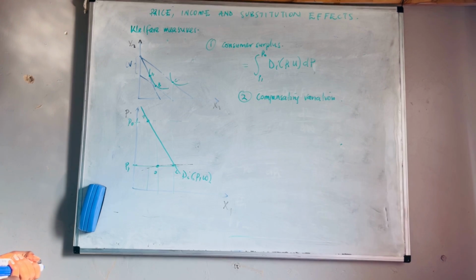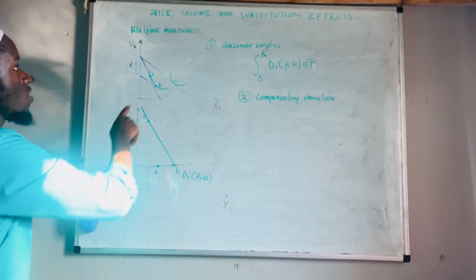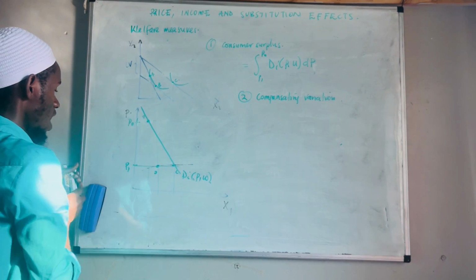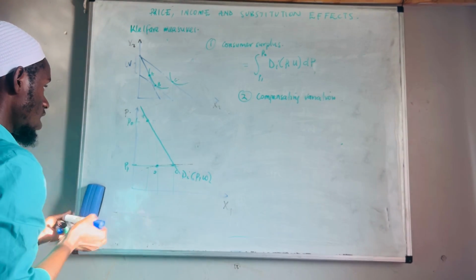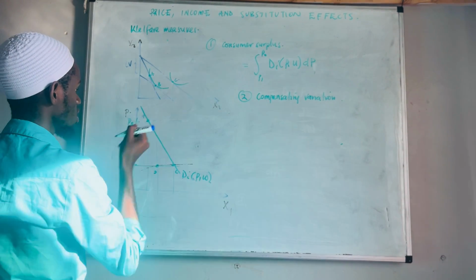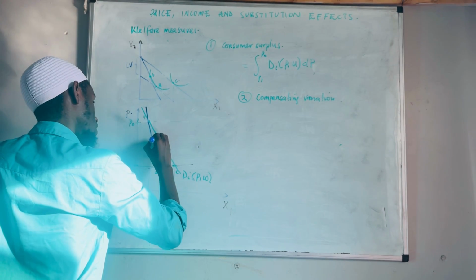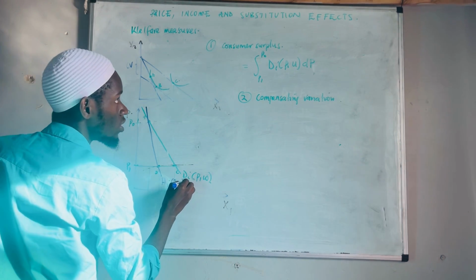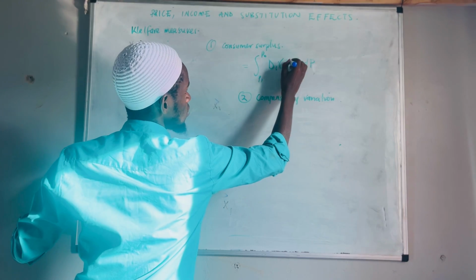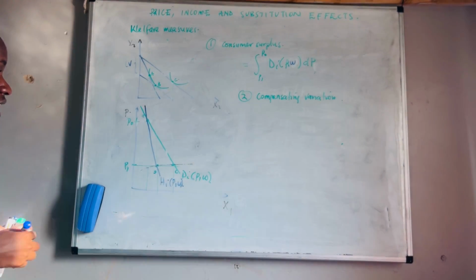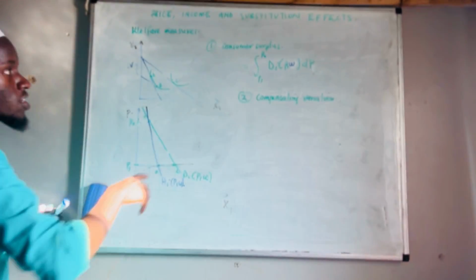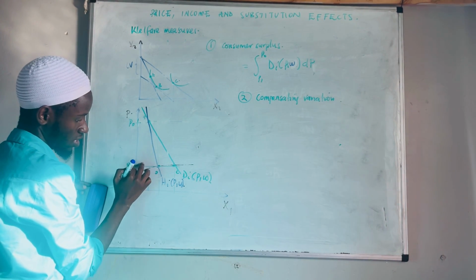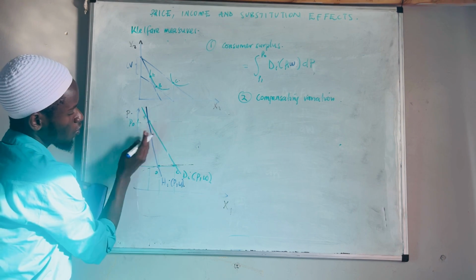Now, how do you measure the compensating variation? Since we are on the same indifference curve, we measure it using the Hicksian demand curve. From point A, I go to point C on our Hicksian demand curve, Hi, a function of P and U. Sorry, the Marshall curve is P and W, not P and U. To measure the compensating variation, we need the region above the price but to the left of the Hicksian demand curve.